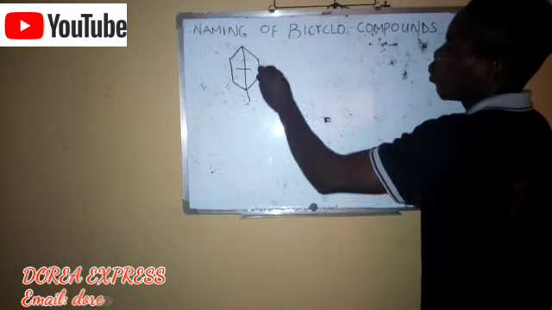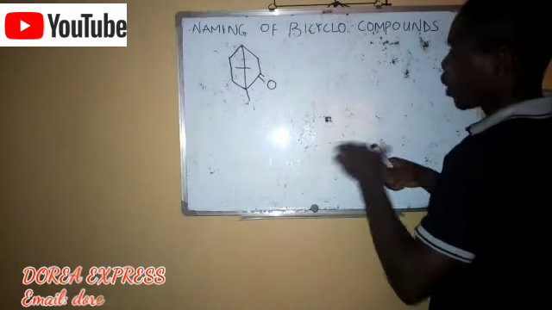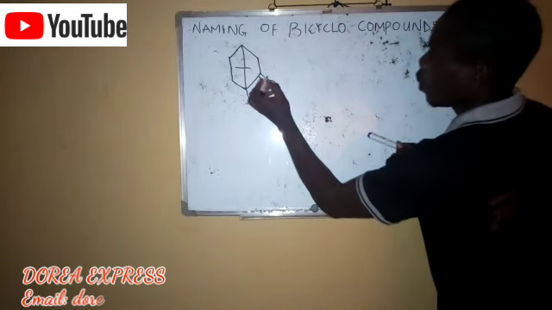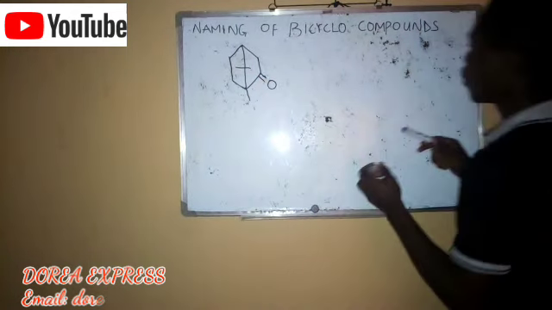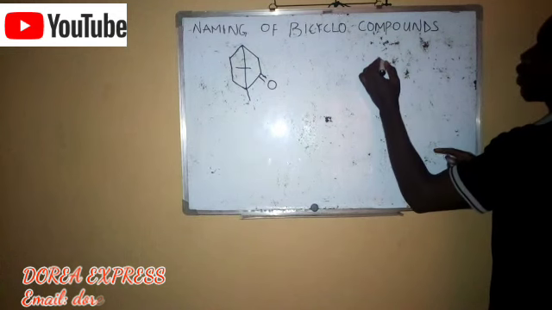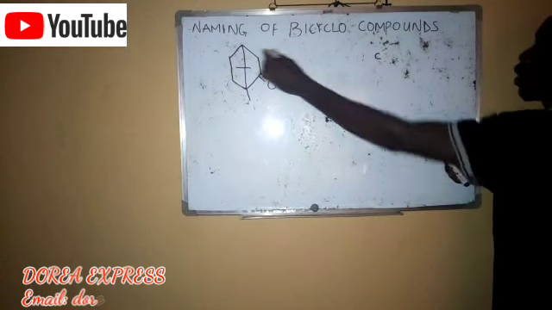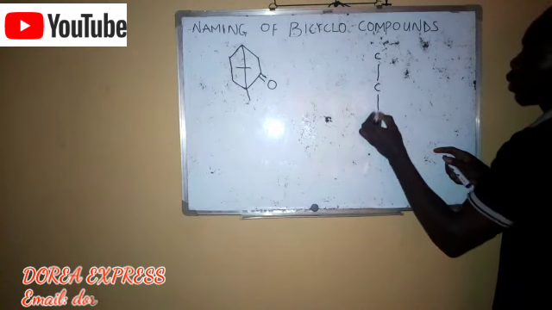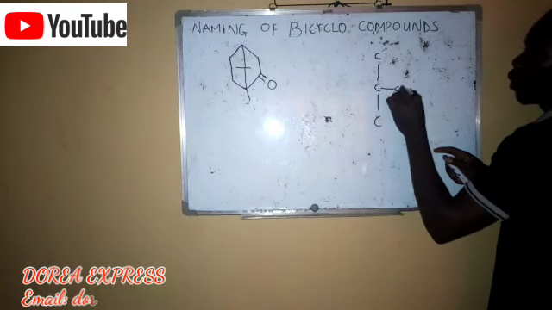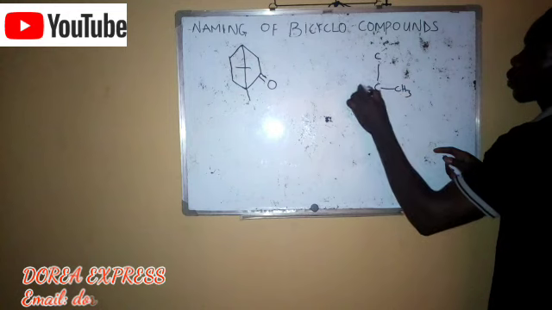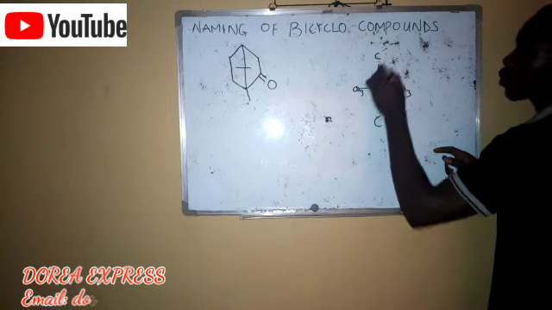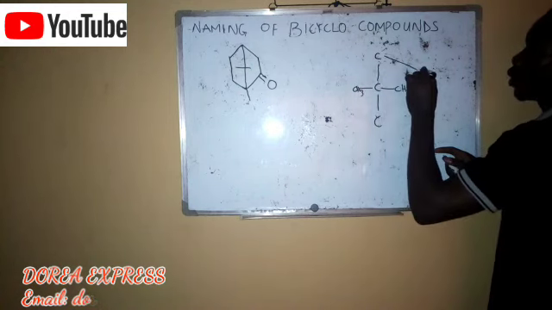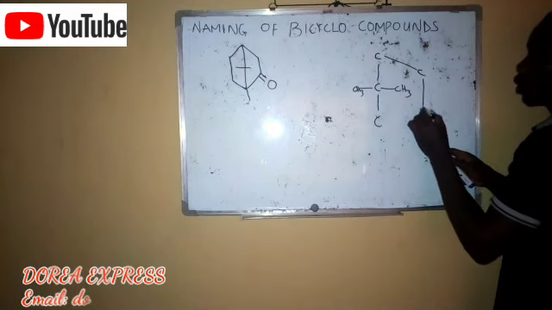So let me open up this compound. Let me change it from the skeletal form so that you will see what it consists of. As you can see, we have a carbon here, which is the head bridge. We have a carbon, we have a carbon. We have CH3 here.